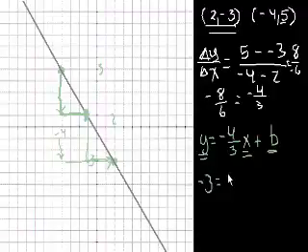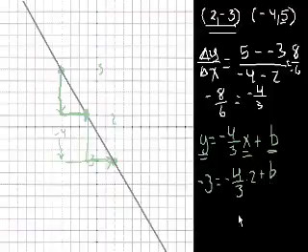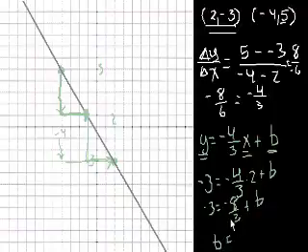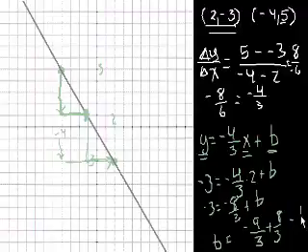y is negative 3, equals minus 4 over 3 times x, which is 2, plus b. Then we get negative 3 equals negative 8 over 3 plus b. Then b is equal to, well, negative 3 is minus 9 over 3, and I'm going to put this on the other side, so plus 8 over 3, so we get minus 1 over 3 is the y-intercept.